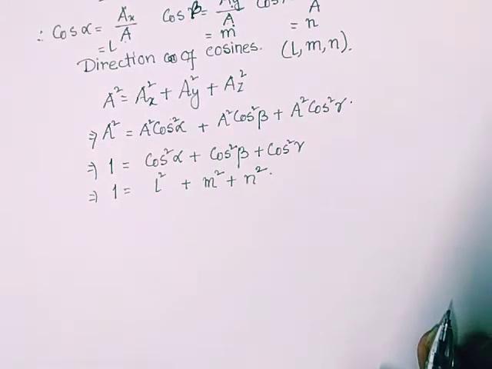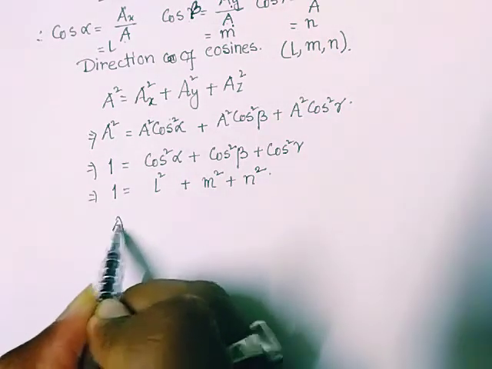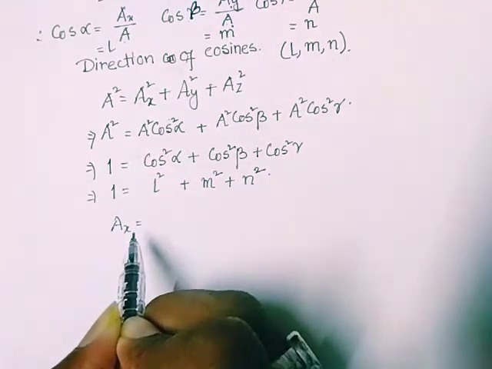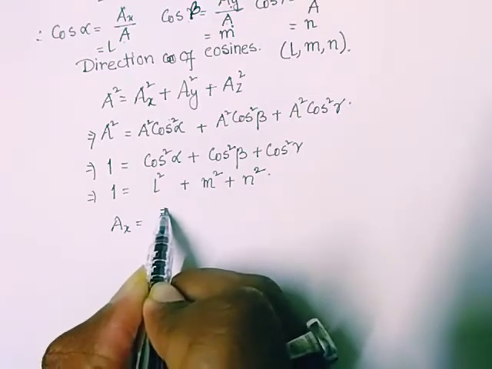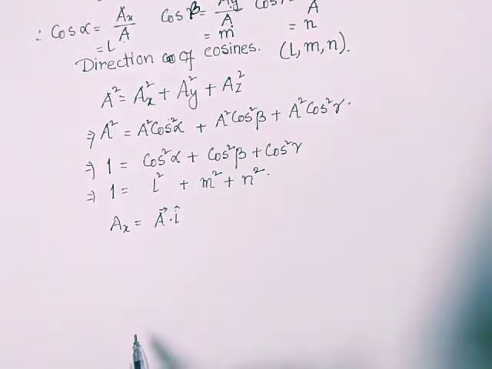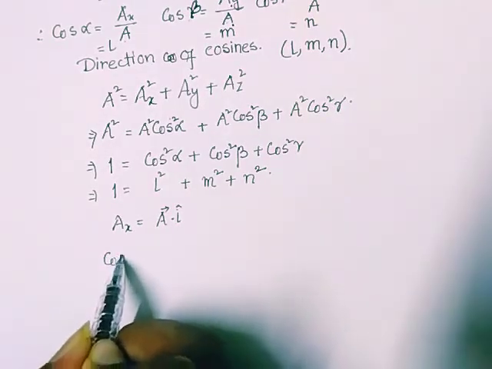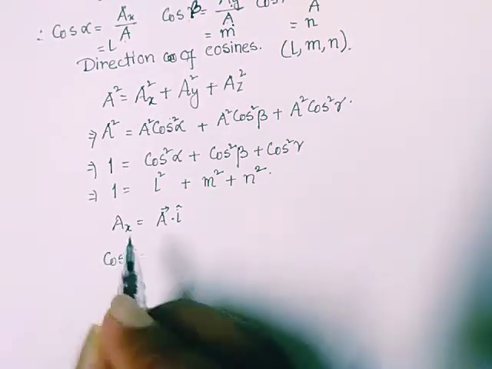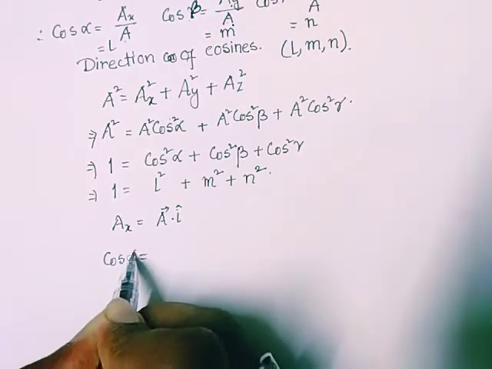Next, if I want to find out what is ax, how you can find out the ax, we can say ax is nothing but the a vector dot i cap. Okay, so what is cos alpha?